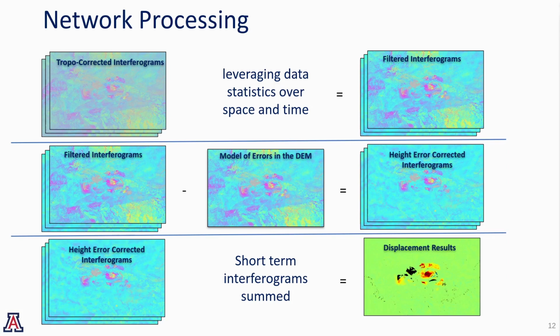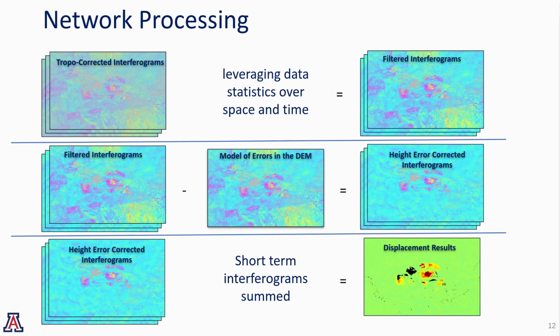This summarizes the network or multi-temporal processing efforts. In the top row, we used the spatio-temporal statistics of the data to determine which areas have good signal and which areas are noise. These quality estimates are called coherences. More on coherence in the next lecture. We then use least squares to solve for a correction to the elevation data. That's in the middle row.